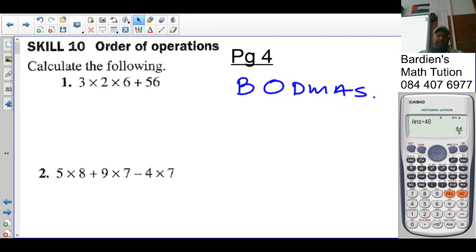Okay. So in the first sum, they ask you to calculate the following. You've got 3 times 2 times 6 plus 56. So according to BODMAS, what must be done first? The multiplication, not so? So what's 3 times 2? 6.